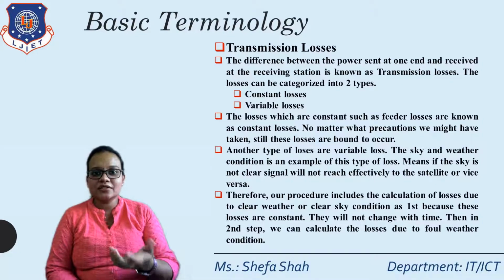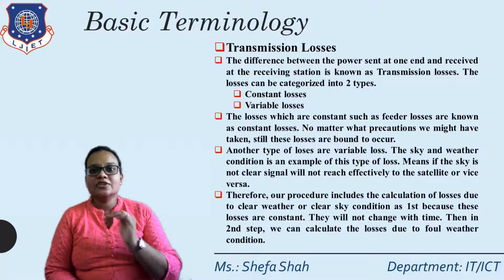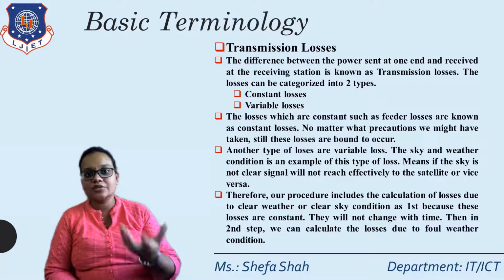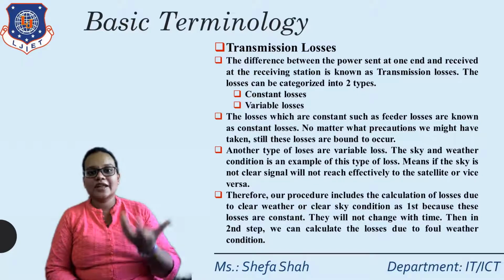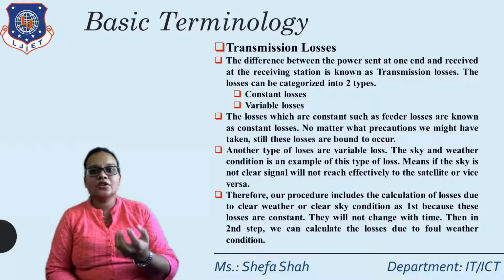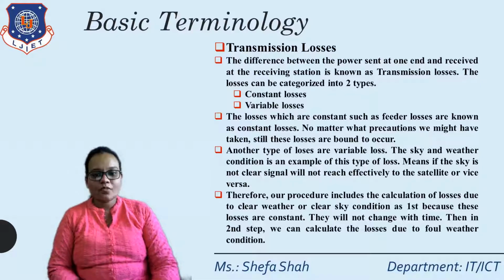If it is clear, the signal will pass easily with only some loss. But if the atmosphere is not clear, if there are clouds in between, or if rain is falling, then the signal will have different types of loss in this process.